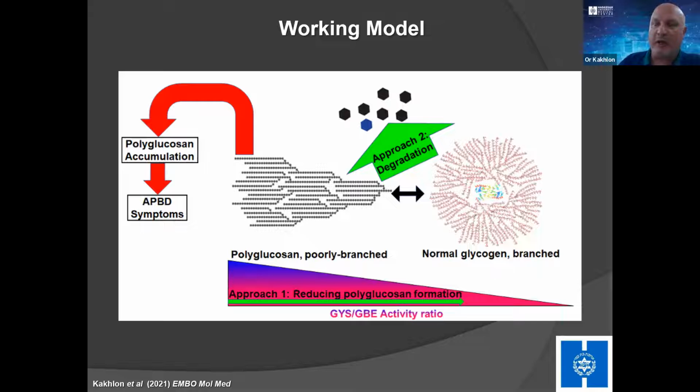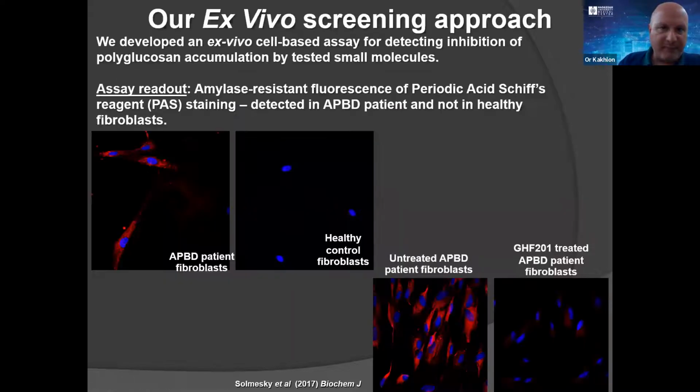The pre-existing polyglucosans which generate damage are not affected, and you have to wait until they degrade spontaneously so that you don't have the pathology. So in this aspect, this approach is preferred. However, as I said, we didn't know a priori what the result would be. Our approach, sorry, is just to look for what agent will decrease the polyglucosans, and only then we decipher the mechanism of action.